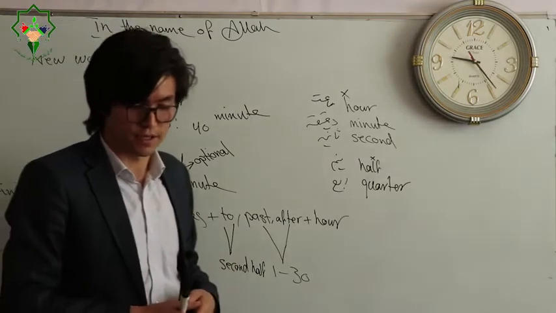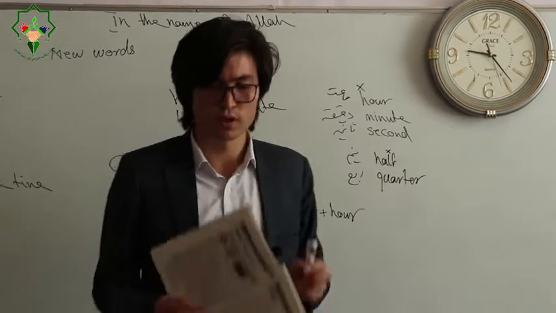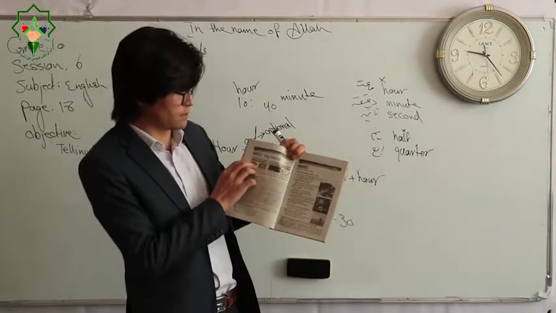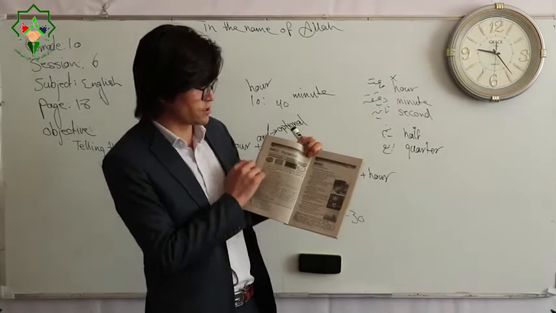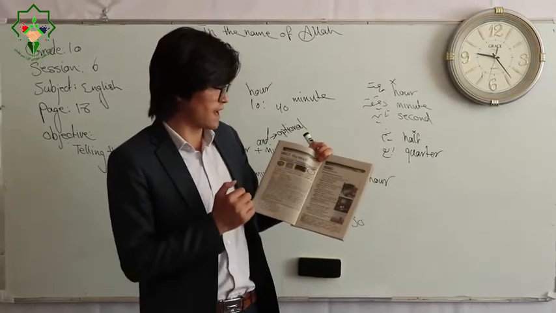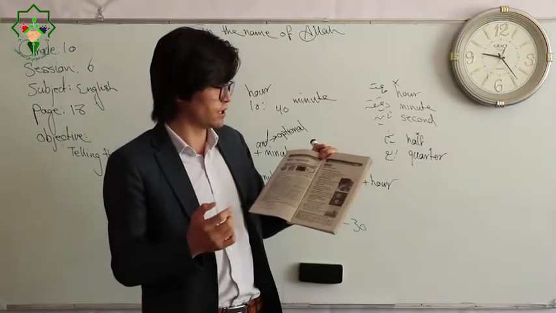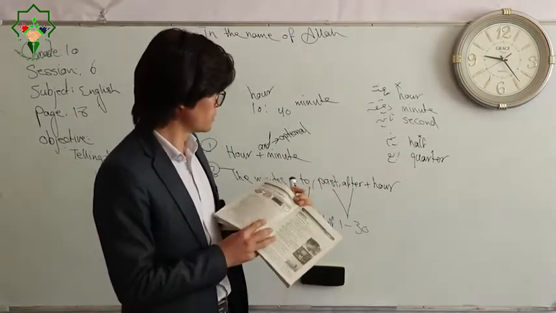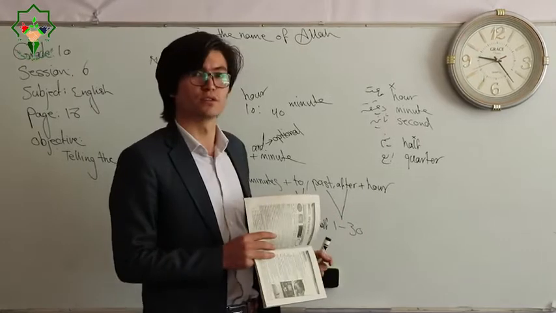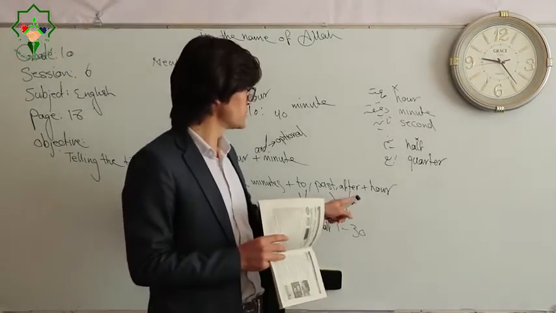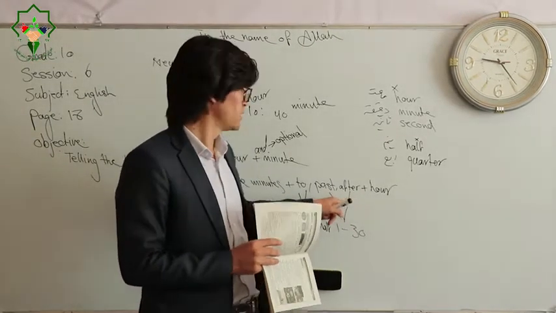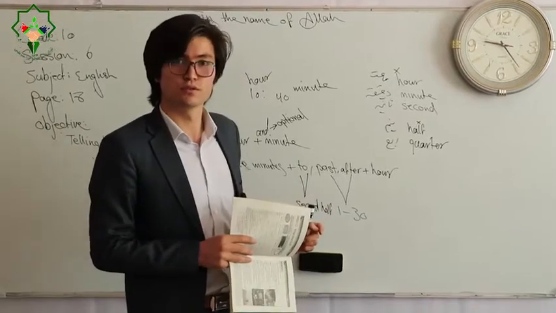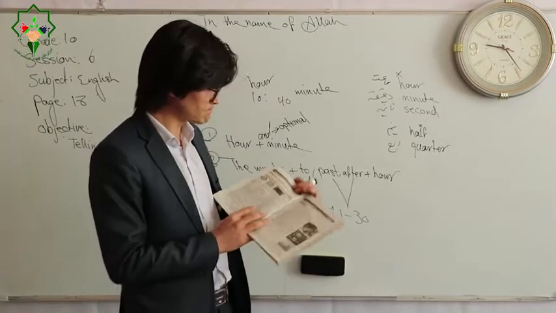It is very easy. Now come to the book. Here also you have some examples. Look here. There are two ways to say the time. First, the hour plus the minutes, and second, the minutes to or past plus hour. But in your book, after is not mentioned. Okay? American people mostly use what? After. But British people mostly use past. Got it?